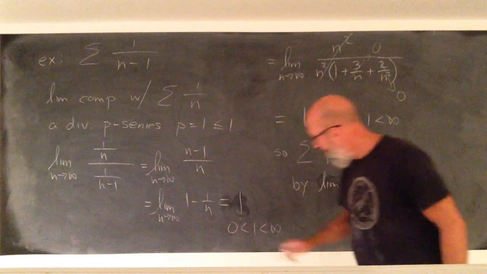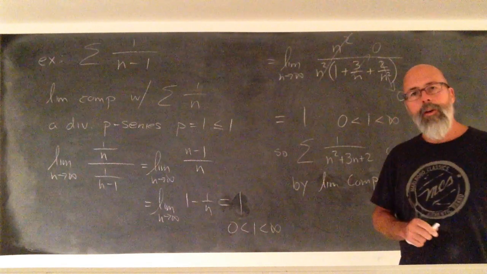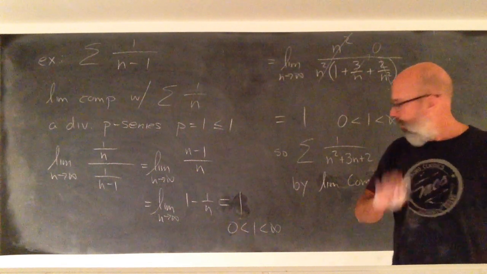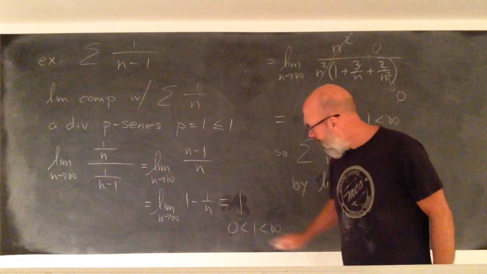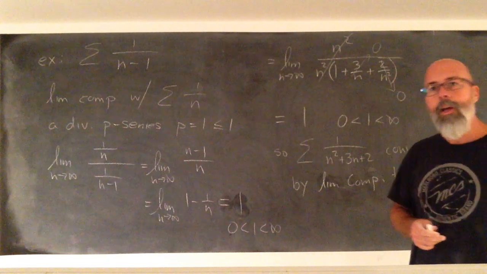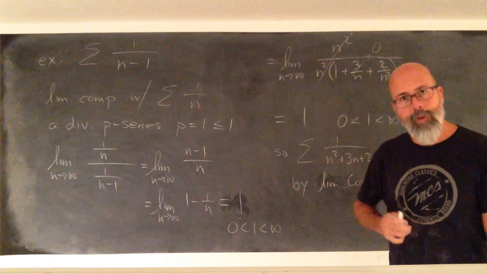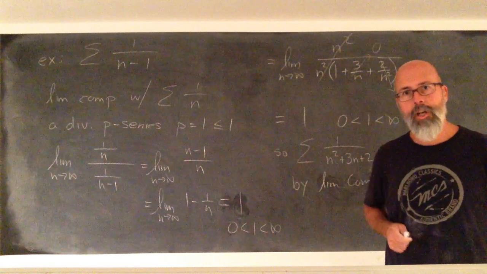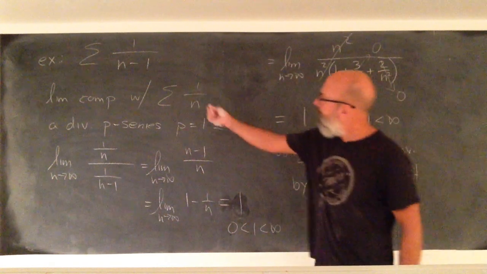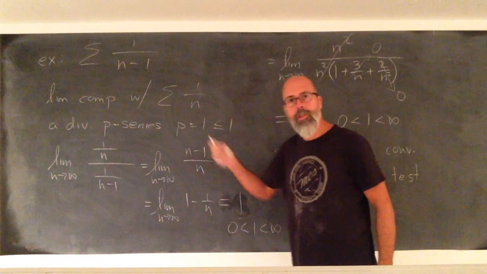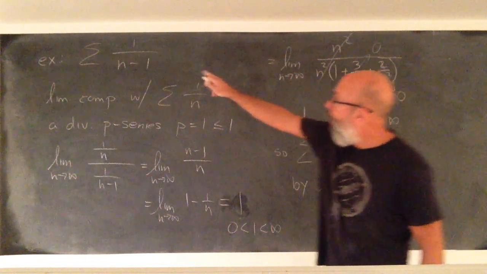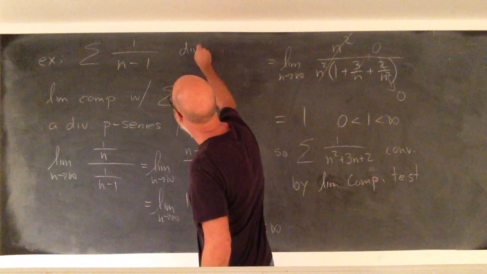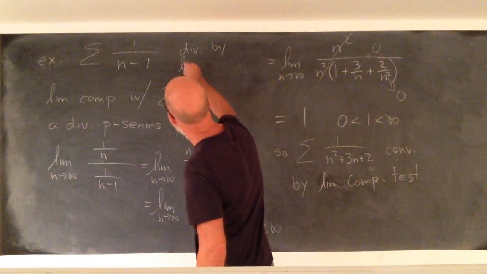This limit is between 0 and infinity, right? You have a finite limit which is bigger than 0 and less than infinity, so both converge or both diverge. In other words, both series behave in the same way, but you started out with a divergent series. So this series diverges by the limit comparison test.